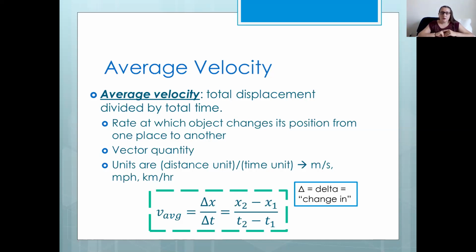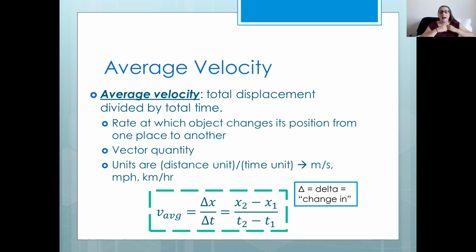So if it's 300 kilometers one way and 300 kilometers back, our distance is 600 kilometers. Our displacement is only concerned with where we started and where we ended up. So if we started at home, went to Miami, spent the day there, ended up back home, our displacement is 0, because we started and ended up at exactly the same place.